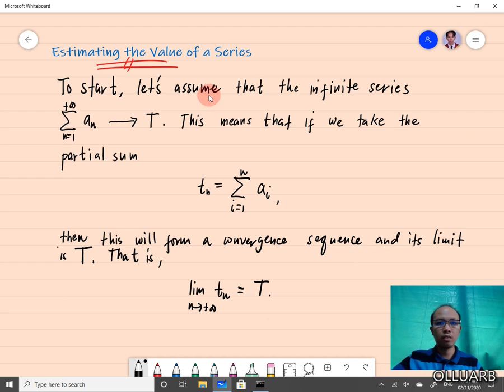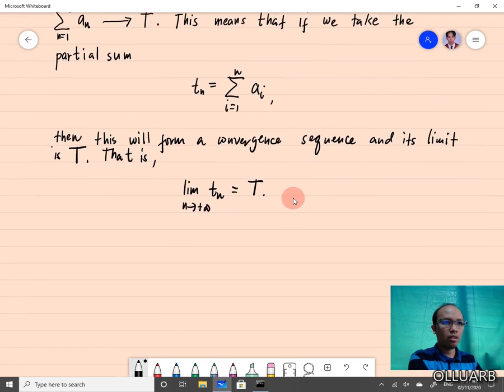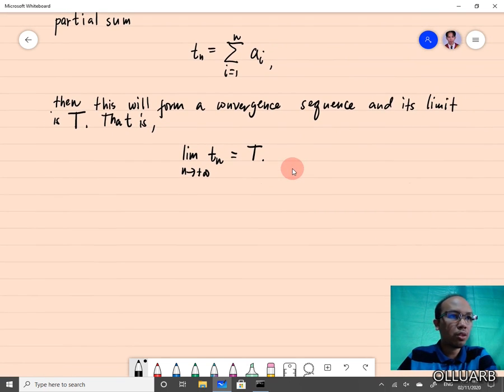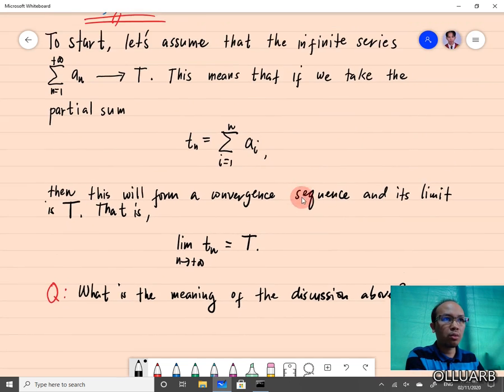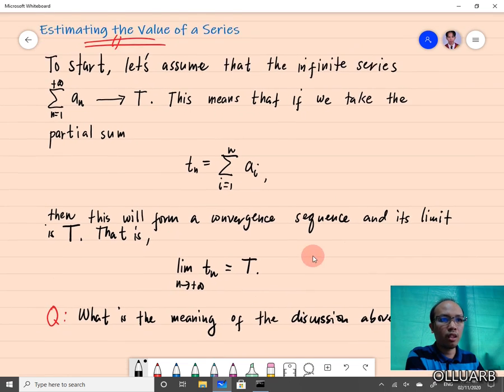Let's move up. The question here is: what is the meaning of the discussion above, with respect to our title, to estimate the value of a given series?